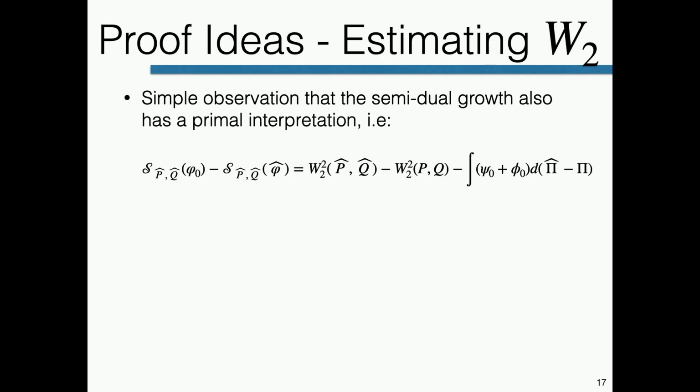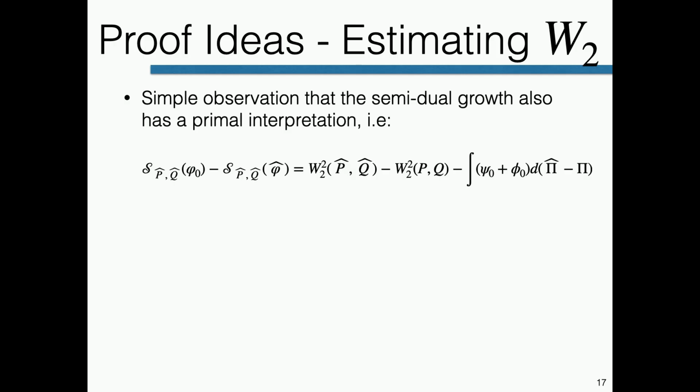And so when you expand it out, the difference between these two things looks like some sort of Wasserstein difference minus a linear correction. Right? So this is saying that the semidual difference is exactly equal to the difference between the squared Wasserstein distance between P hat and Q hat minus P and Q minus something which you should think about as the first order Taylor expansion. So it's some sort of Taylor expansion of this quantity around this quantity.